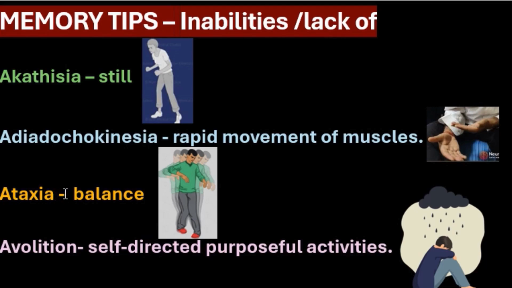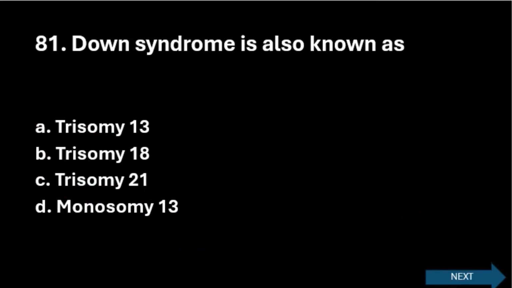Ataxia, inability or lack of balance and coordination. Avolition, lack of self-directed purposeful activities, lack of motivation. So, akathisia still, adiadochokinesia rapid movement of muscle, ataxia balance, avolition self-directed purposeful activities. These all are lacking in these psychiatric conditions. Next question.